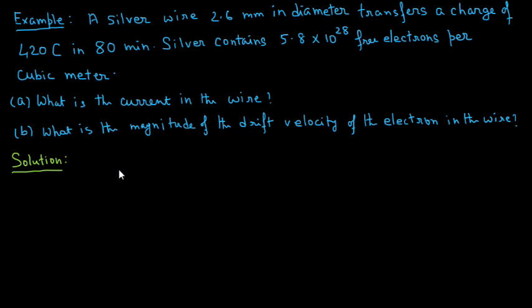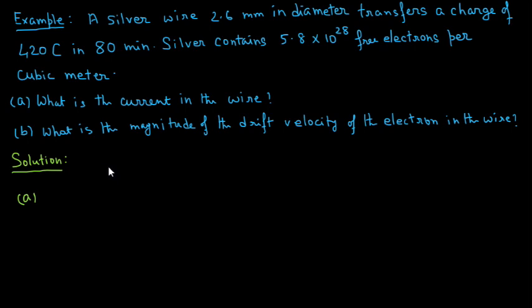So in our case, the current in the wire. So simple formula. What is the relation between the current and charge? So we can write A. What all things are given, we can write it here.